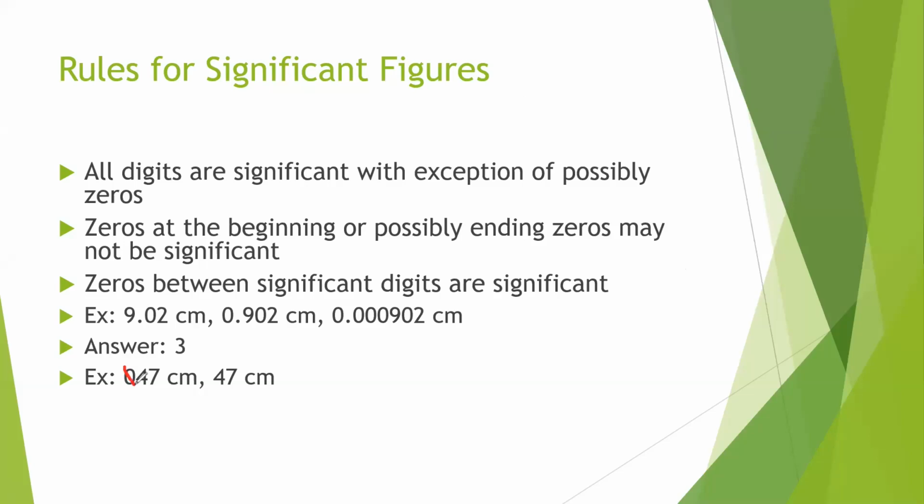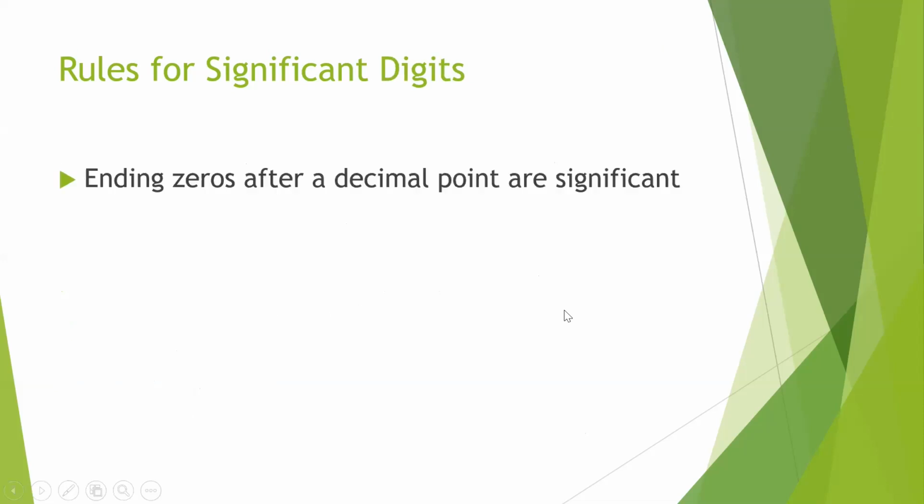It's not significant. Leading zeros are never significant. And 4 and 7 are both significant digits. So there are 2 in the first one and 2 in the second one as well. So there are 2 significant figures for both of them. Yeah, I know the second one's easier than the first one, but we have more rules in the future.